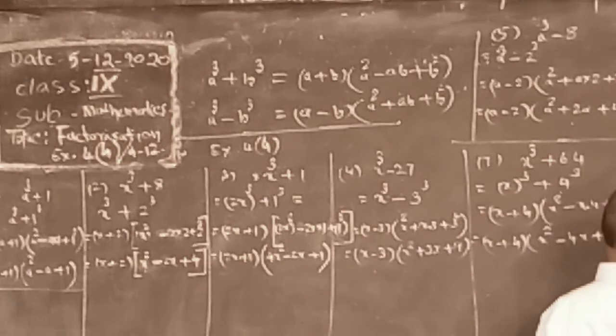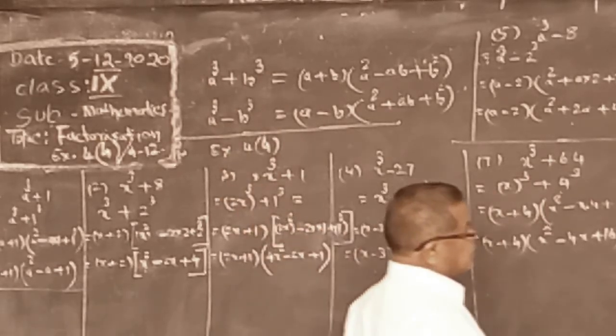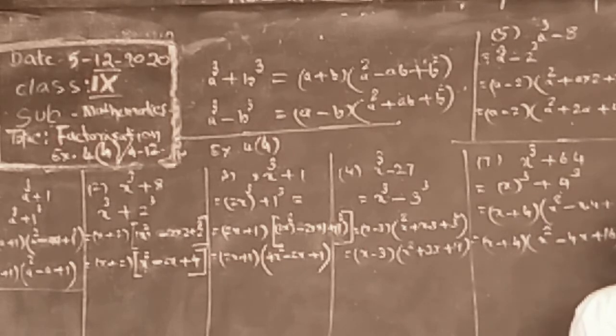Ninth. x cube plus (2b) cube. It will come under this formula, a cube plus b cube. (x plus 2b) into (x squared minus x into 2b plus (2b) squared).